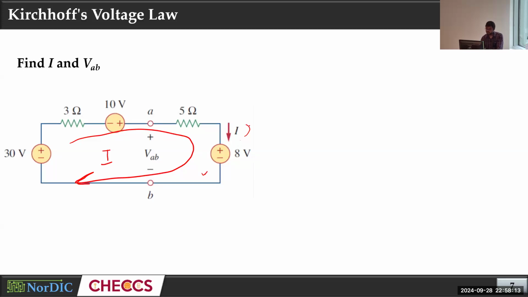So assuming this current and this direction, you will need to write the KVL first, and from that you will find out the value of I. Then using that value of I, you can also calculate the value of VAB in the same way that we calculated V0 in the previous example. So can you try to solve that?